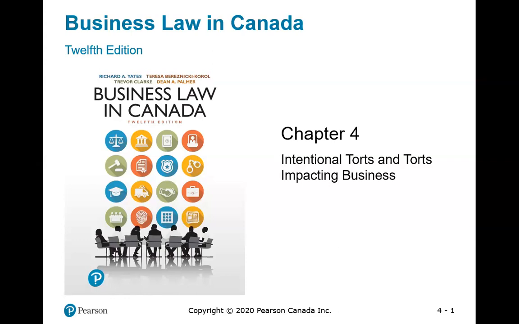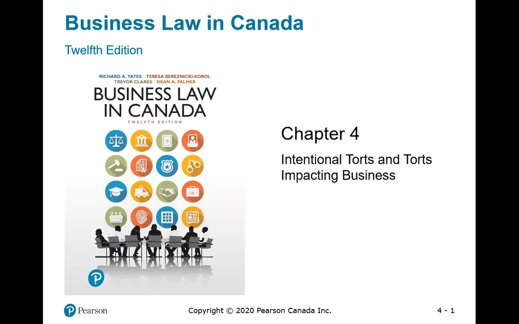Now, within a province, let's focus on BC. What is the highest court in BC? Yes, the Court of Appeal of BC, or the BC Court of Appeal. You will remember that the Court of Appeal reviews cases.